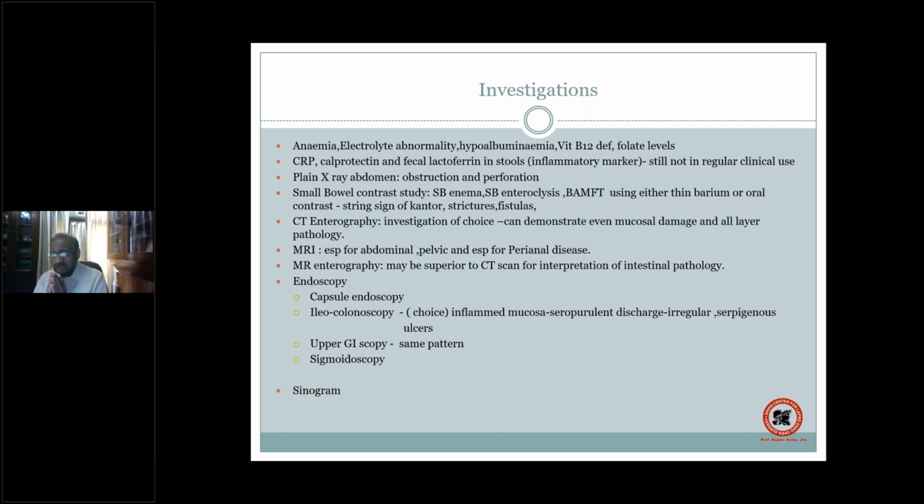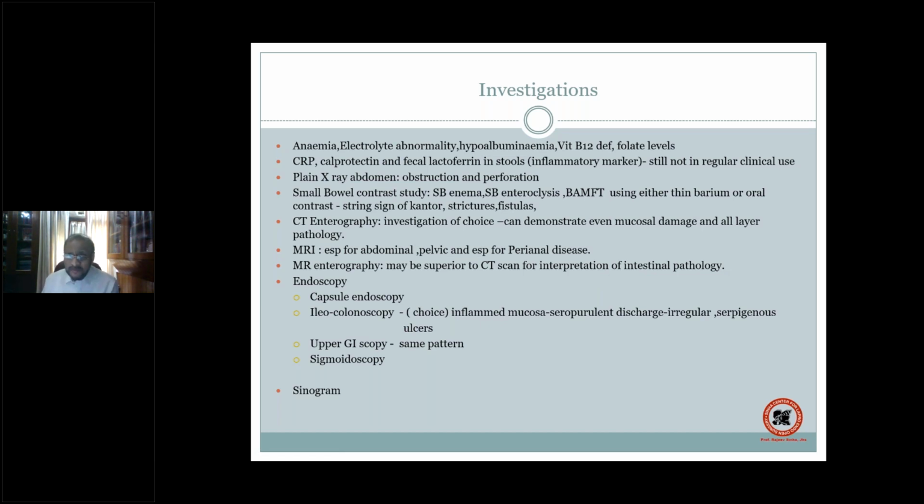So the investigation of choice is probably a CT enterography, but there is a place for MRI also, right? And it may be superior to CT scan for interpretation of intestinal pathology. That is what they are understanding more and more commonly.